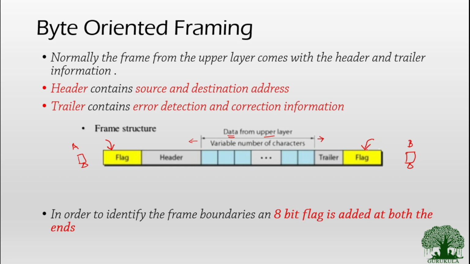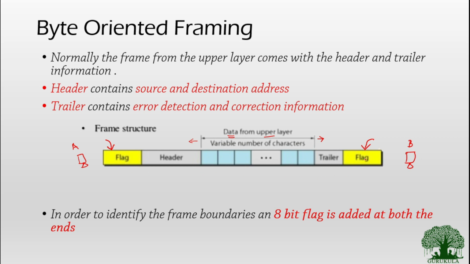When the flag bit is received, node B will identify that the frame has started and keep on processing the frame. Whenever a second flag is received, B will assume that the frame has ended.